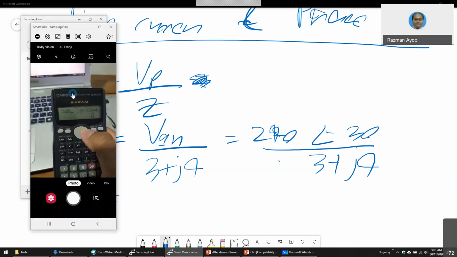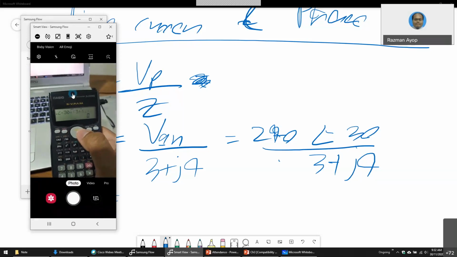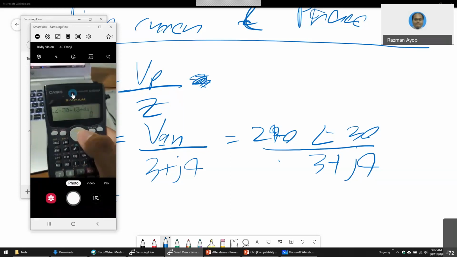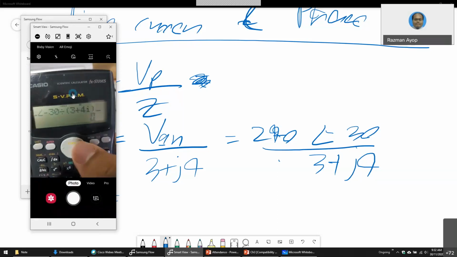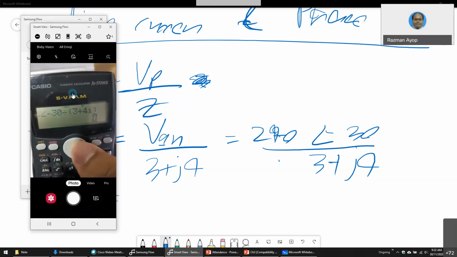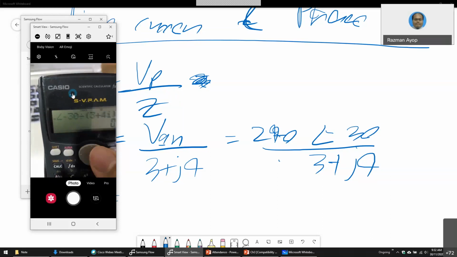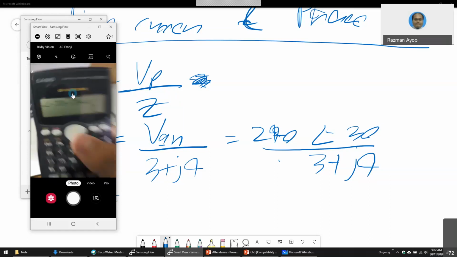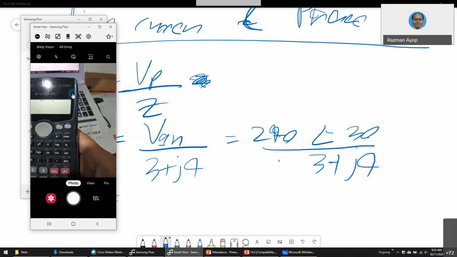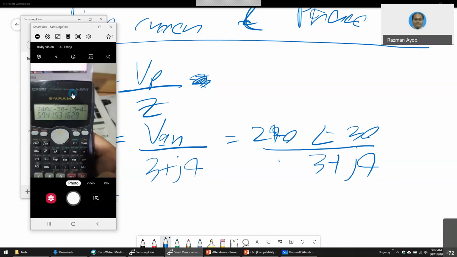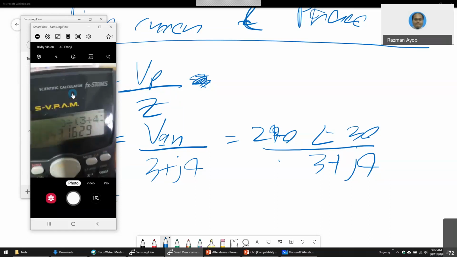Make sure you use brackets, open and close bracket, don't forget the negative angle, and use degree mode and complex mode.